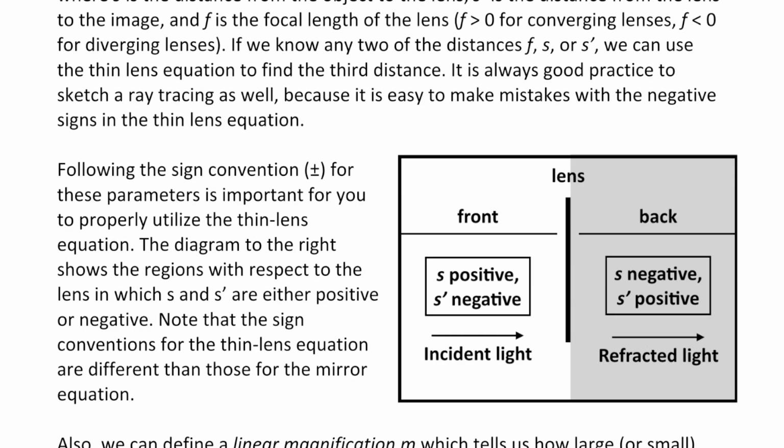Keep in mind that S and S prime can be positive or negative, depending on which side of the lens you're on. I would honestly say you should just memorize this, but if you prefer to think about it logically and come up with it during an exam, that's also okay.